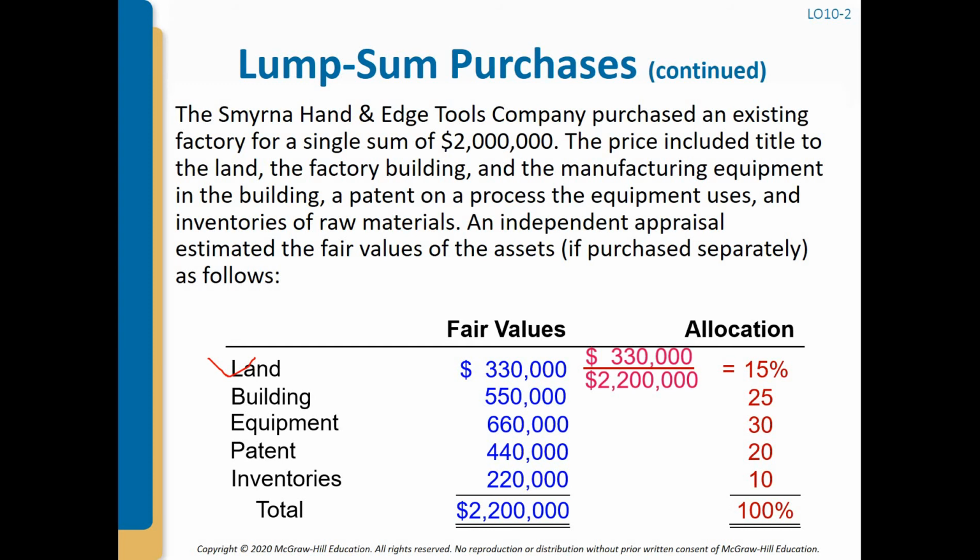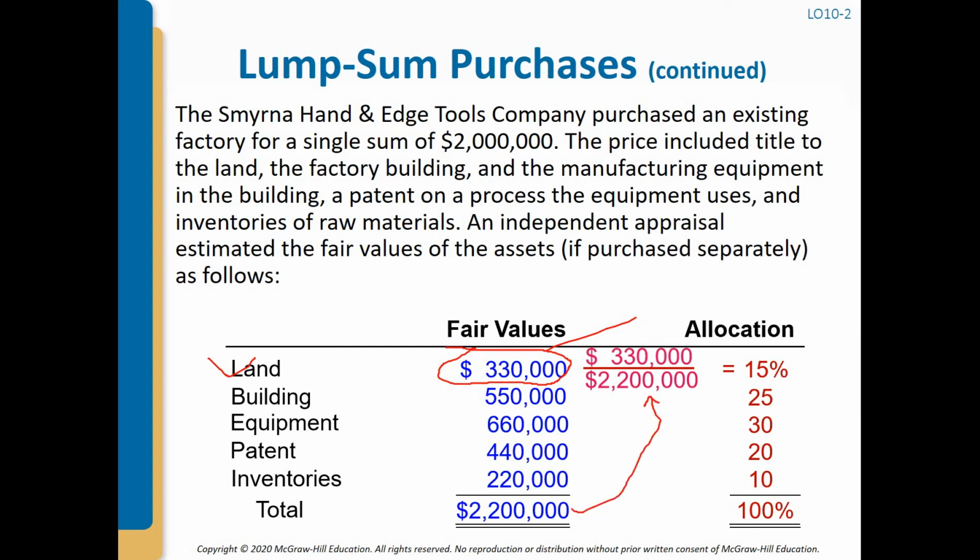So we need to calculate the percentage of the total value. The total value is 2,200,000, and we are dividing this 330,000 by this total amount, 2,200,000.